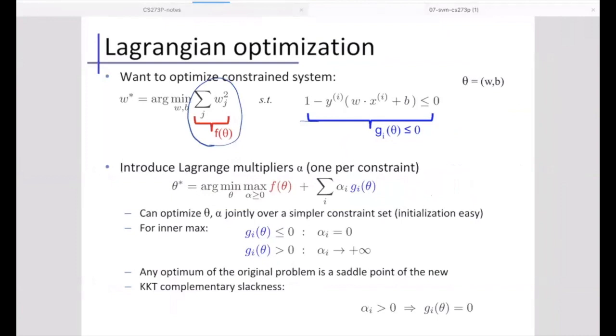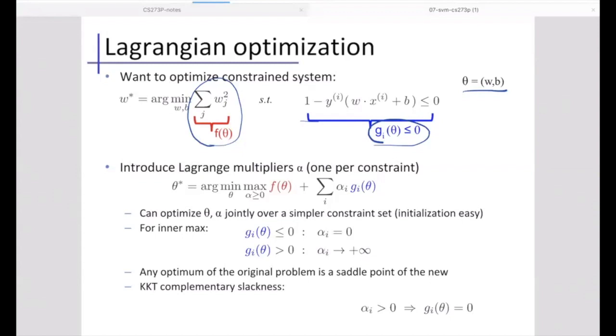Suppose you collectively represent W and B as a parameter theta here. And then I'm going to write down my g of theta to be 1 minus this quantity.